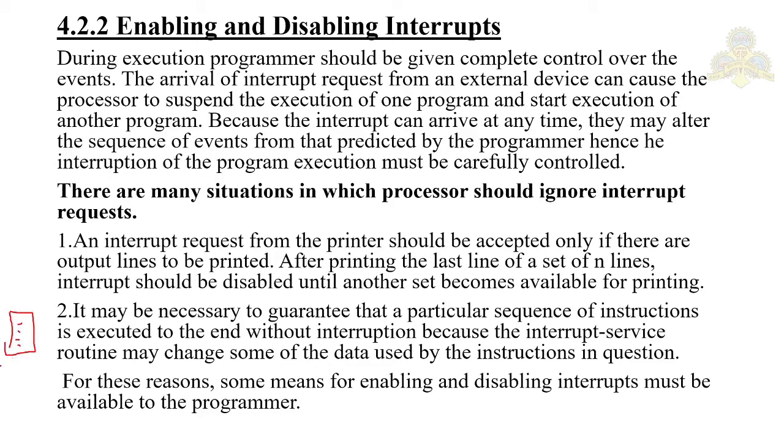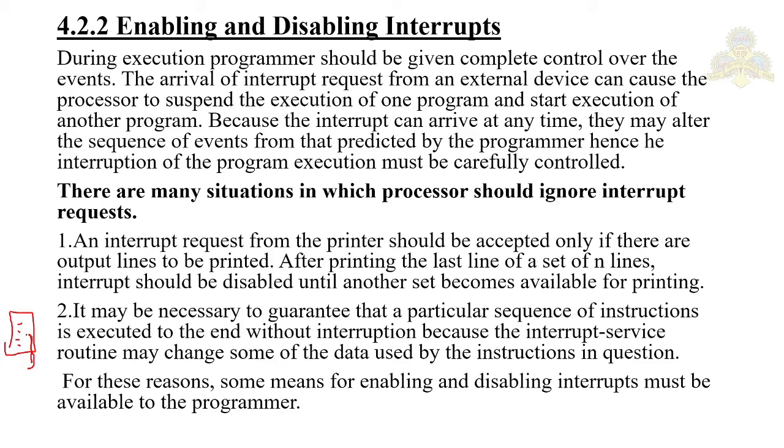Your processor has to make sure that whenever it is executing the last few sets of instructions in an interrupt service routine, there is no interruption. That means while these sets of instructions are executing, any interrupt should not occur. Even if it occurs, it has to be disabled. Why? Because the interrupt service routine may be changing some of the data during execution.